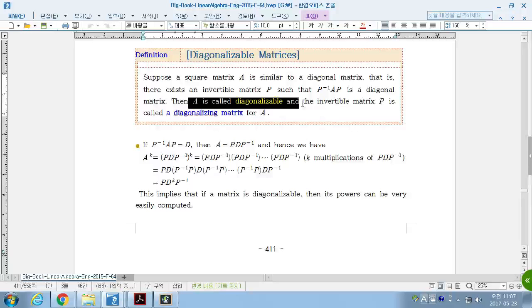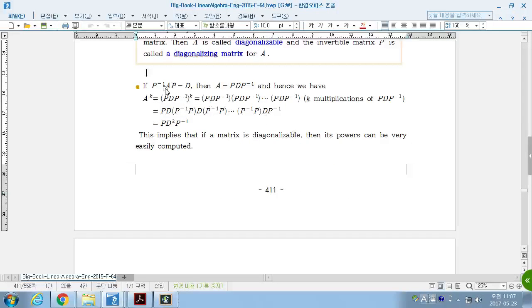A diagonalizable matrix A is so important. One example: if P inverse AP is a diagonal matrix, then A to the k-th power can be found by this, if it is diagonalizable. Finding the k-th power of A is a very complicated problem if we have a 1,000 by 1,000 matrix. But the k-th power of a diagonal matrix is easy to find.